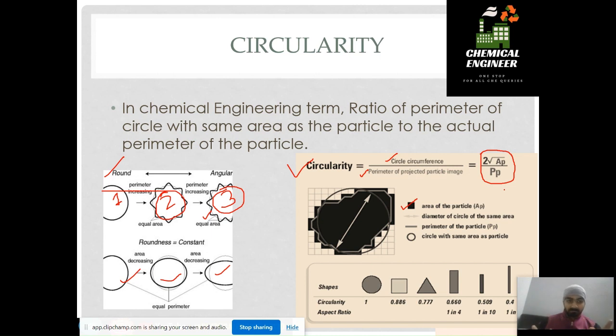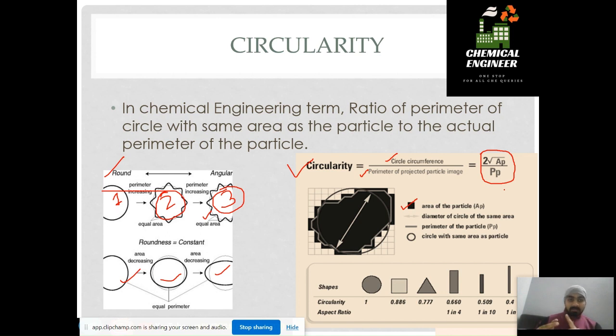Please note down whatever I am speaking. First calculate the area of the particle using this graphical method, in which you create rectangles and then calculate the approximate area of the particle.